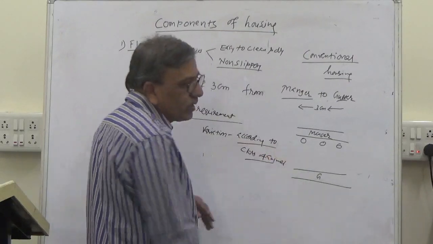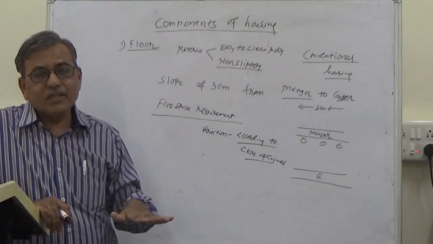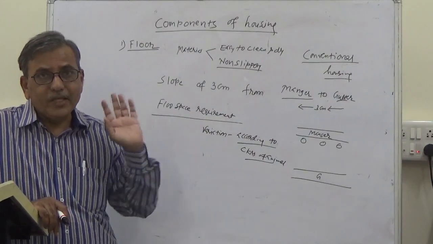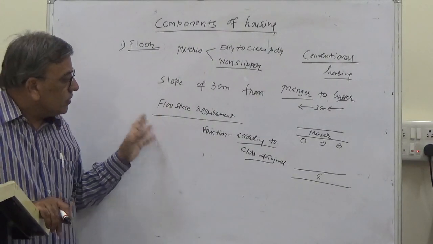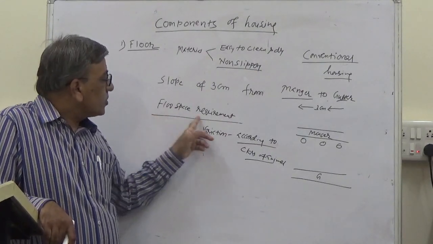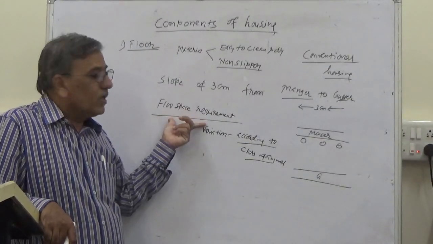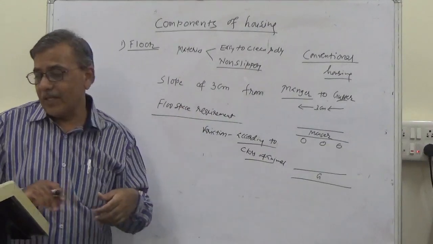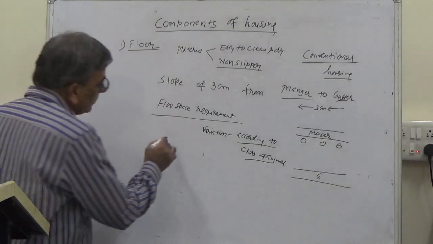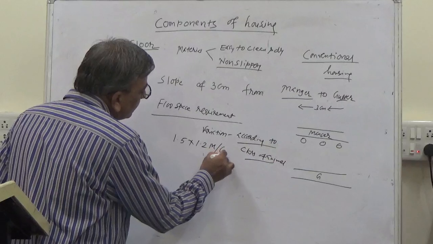I have told you, at any farm there are major 4 classes: the young one, the pregnant female, the milking female, and the breeding bull. So according to the class of animal for which the house is to be constructed, this floor space requirement variation is there. On an average, per adult cow, floor space requirement is 1.5 by 1.2 meter per cow.